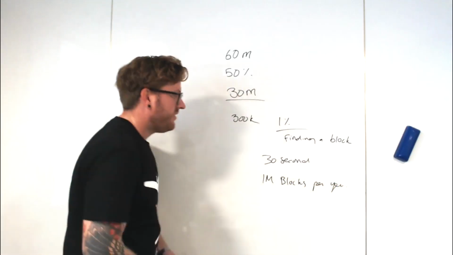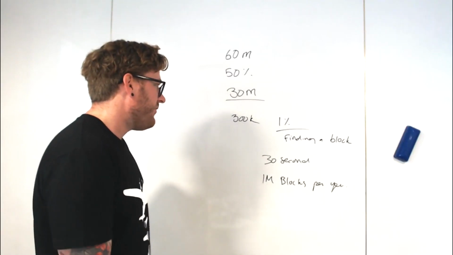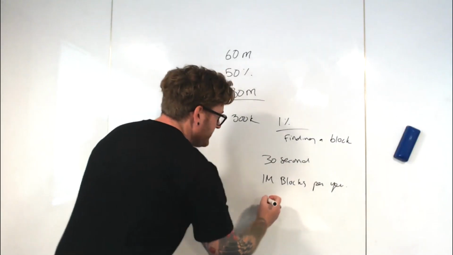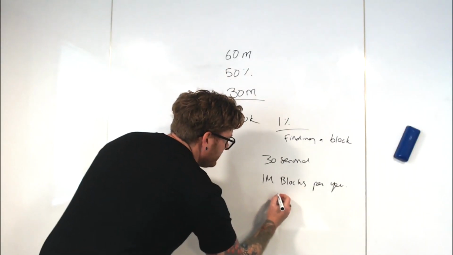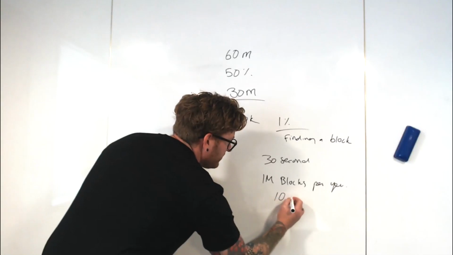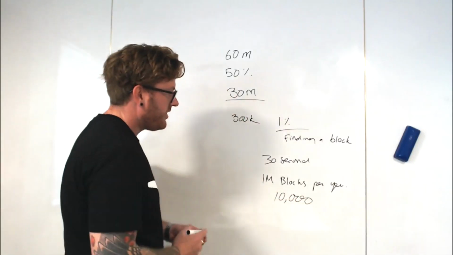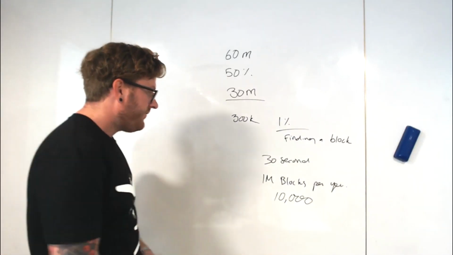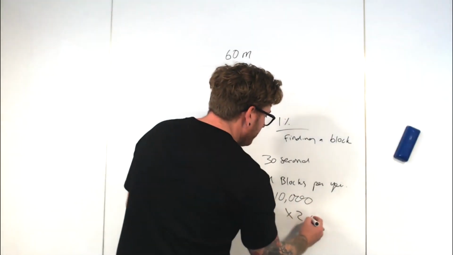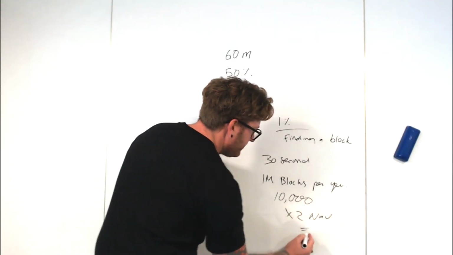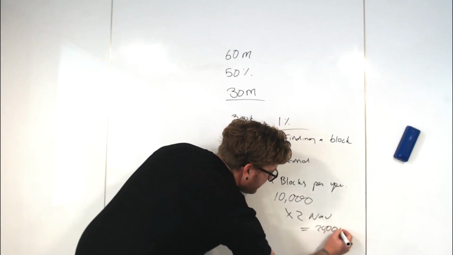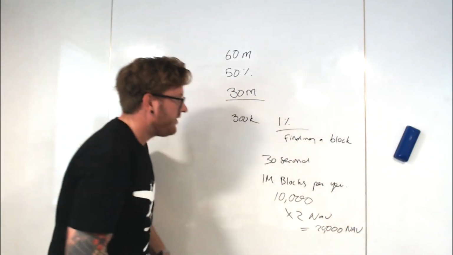So if I have 1% of the blocks, that means that I would find, what's that? My maths is just shocking. It's 10,000 blocks per year times 2 NAV equals 20,000 NAV per year, right?